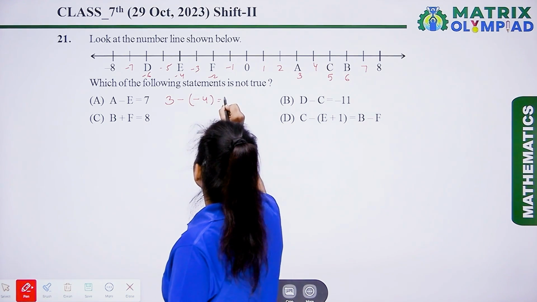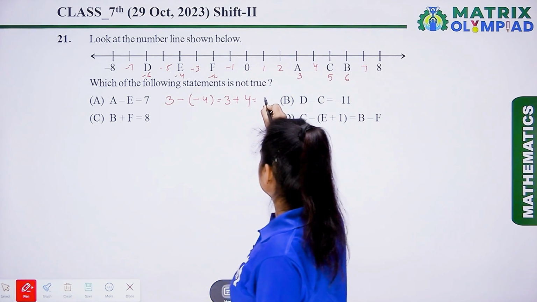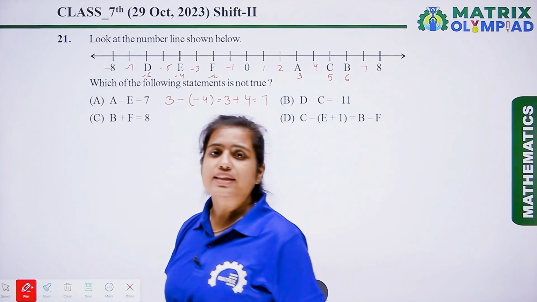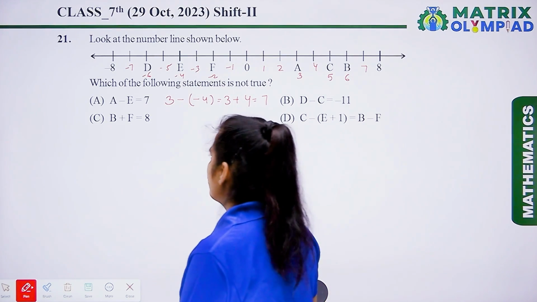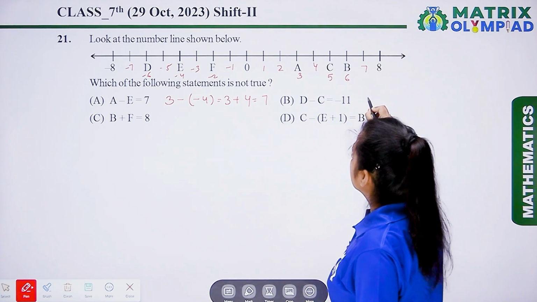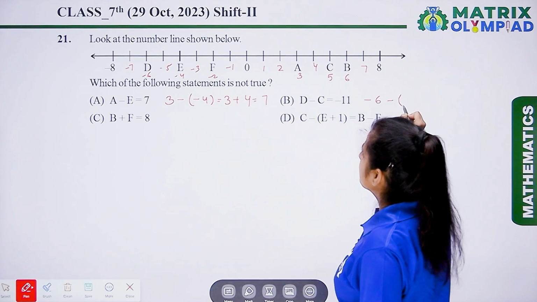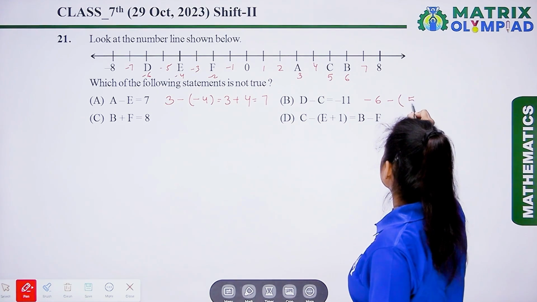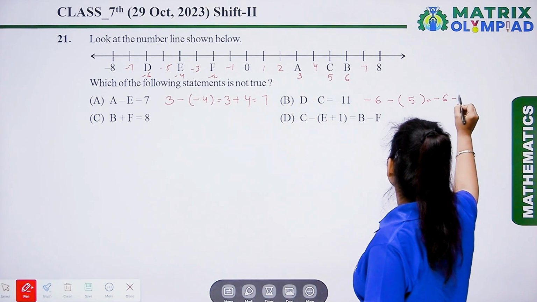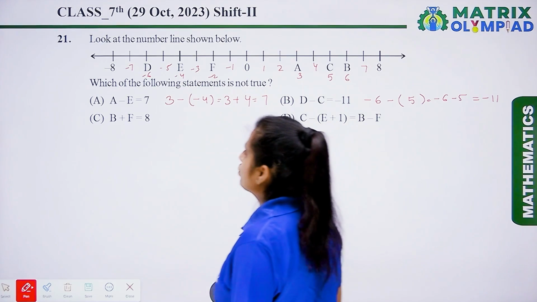So 3 plus 4 is equal to 7. So option A has the correct value. Now next is option B. Value of D is minus 6 minus value of C, which is 5. So minus 6 minus 5 is equal to minus 11. So this is also correct.